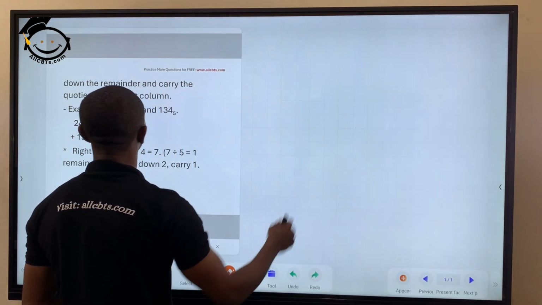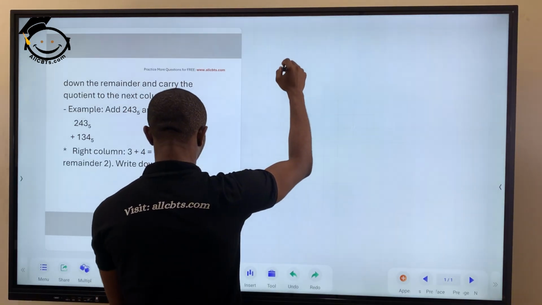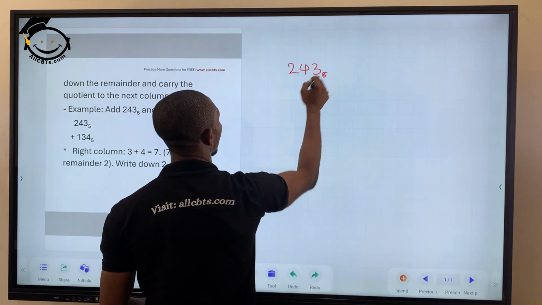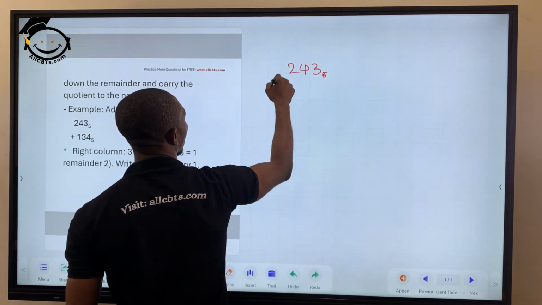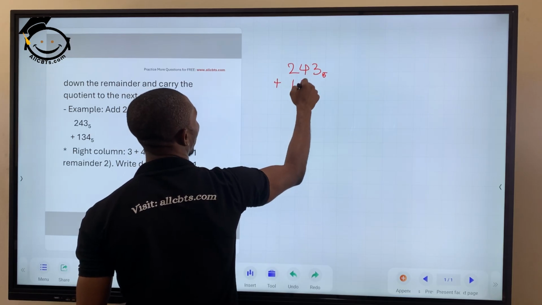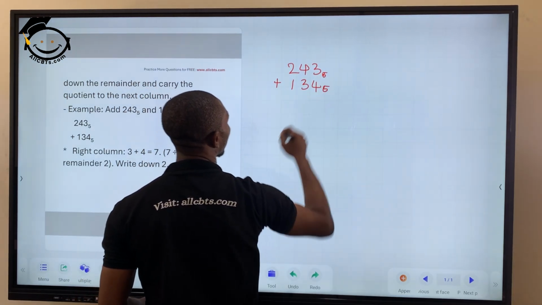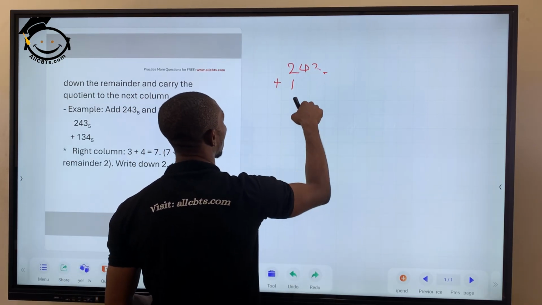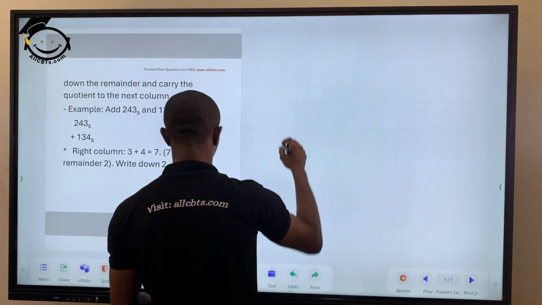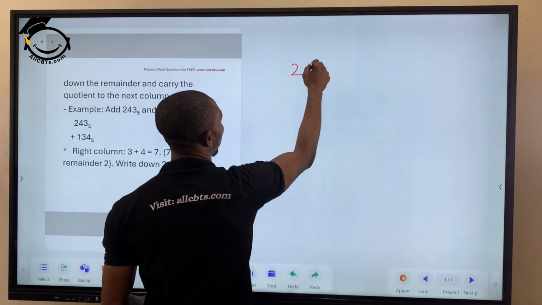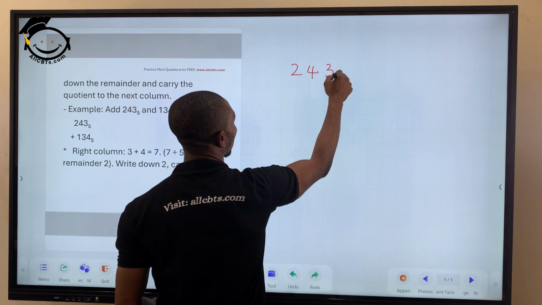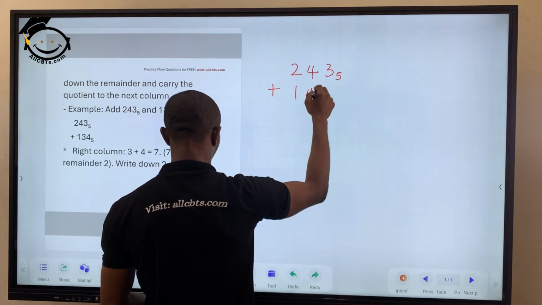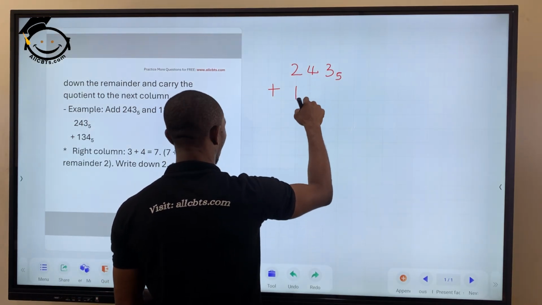Here we have 243 base 5 plus 134 base 5.